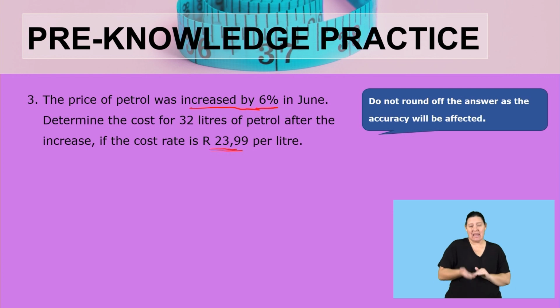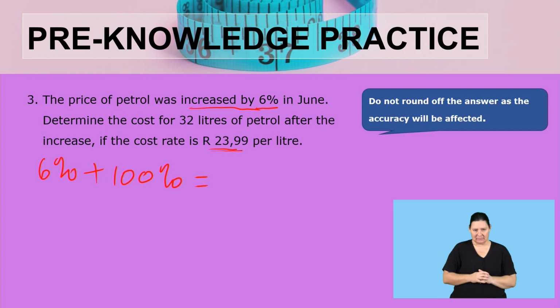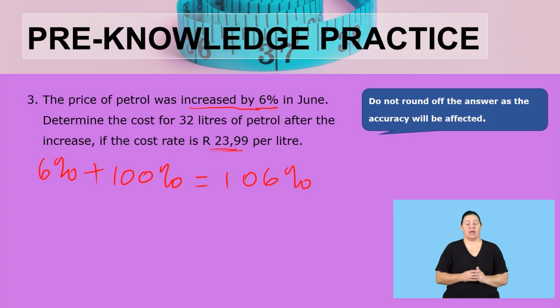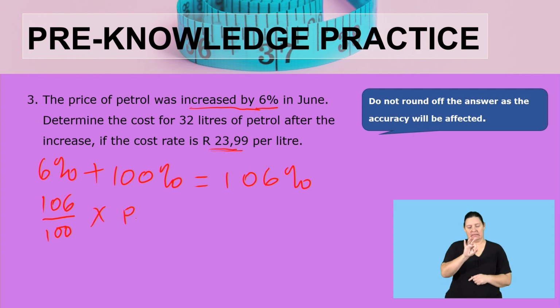We must first increase this amount by 6%. So we are going to say 6% plus 100%, and 100 plus 6 will give you 106%. Therefore, we convert 106% to fraction form, which will be 106 over 100. And then this should be multiplied by the cost rate, which is 23 rand 99.